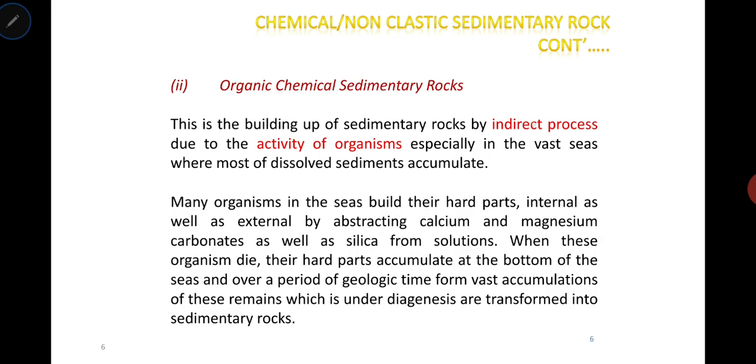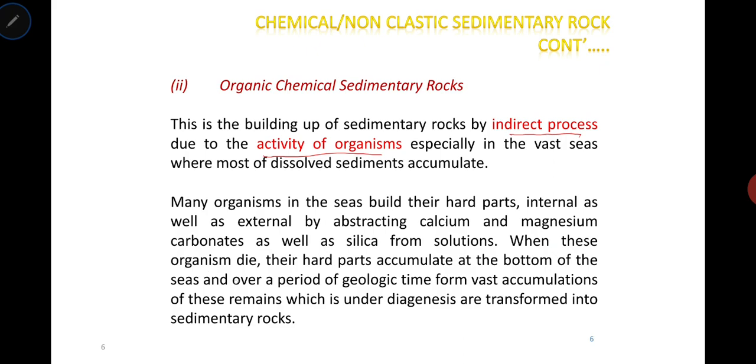The last part is also under non-clastic sedimentary rock, but this is from biochemical process. This is indirect process due to the activity of organisms. So these organisms will mostly dissolve and that sediment accumulates. And the organisms in the sea build their hard part, internal as well as external, by extracting calcium and magnesium carbonate as well as silica from solution.